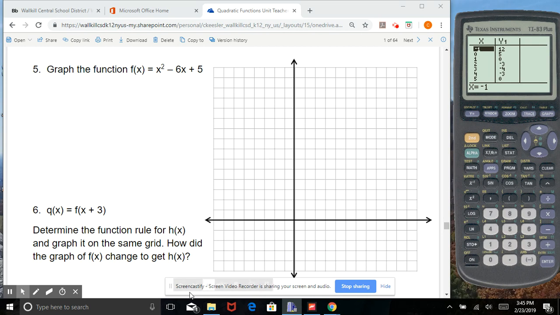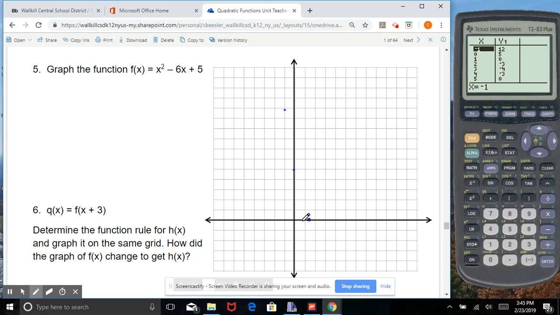So we have -1, 12, then 0, 5. Sorry, I realized I messed that one up, so I was just fixing that.